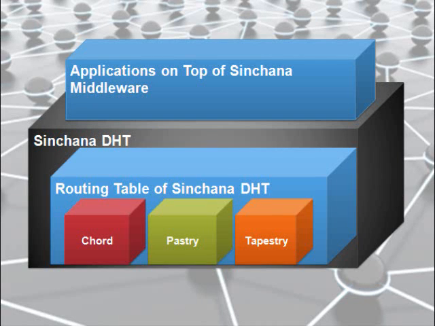They can also find out which algorithms give high performance for a given scenario. The Sinchana distributed hash table acts as a framework for other developers who might need to use this distributed hash table and build their own peer-to-peer application on top of it.